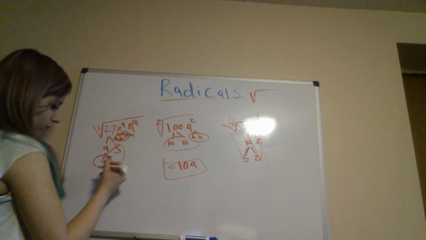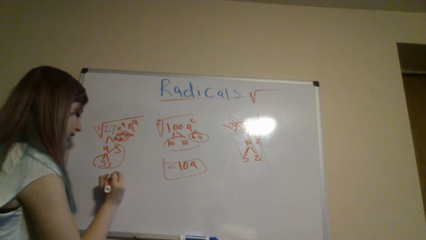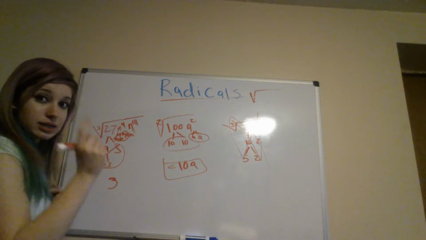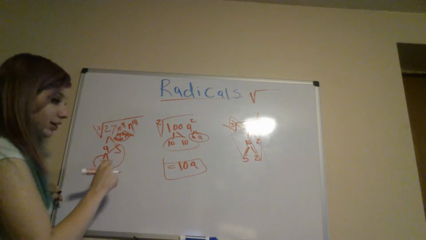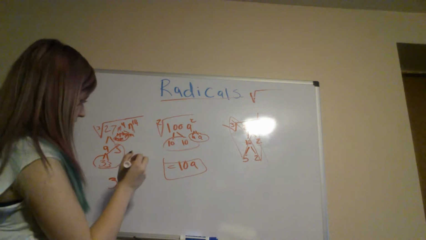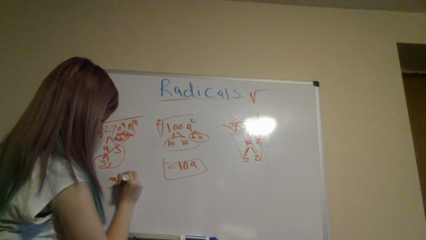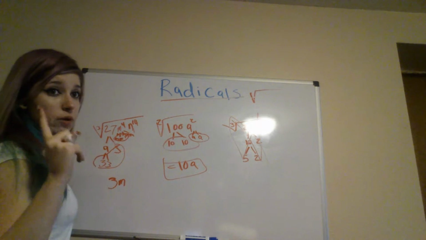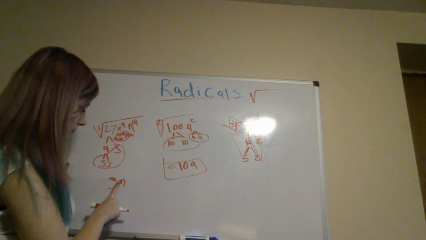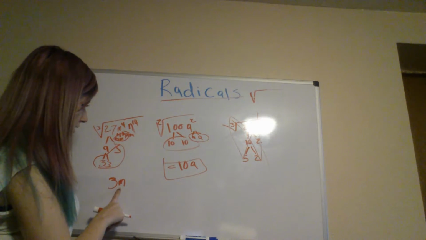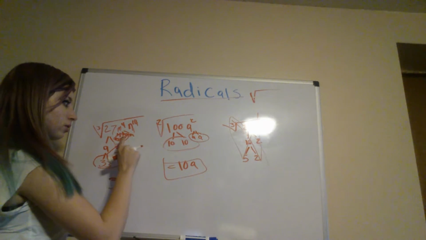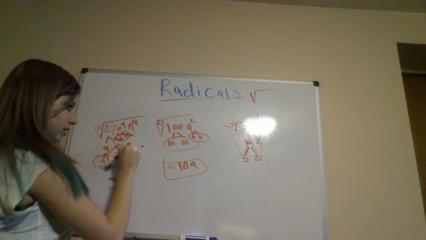So for this, we are going to bring this 3 onto the outside because there's one group of 3. And then we still have this m, and there's still only 1, so we're just going to keep it as 1m out here because we have one group of 3m.